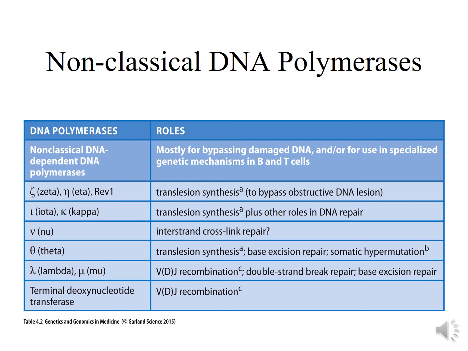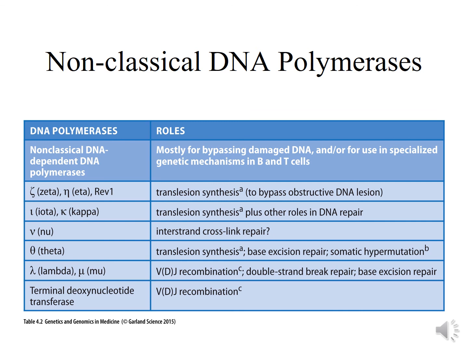The non-classical DNA polymerases, such as zeta, eta, iota, kappa, nu, and theta, exhibit a low fidelity in DNA replication as compared to the traditional DNA polymerases. Although they have a higher success rate in incorporating bases opposite a damaged site, they are more prone to error and occasionally insert a wrong base.